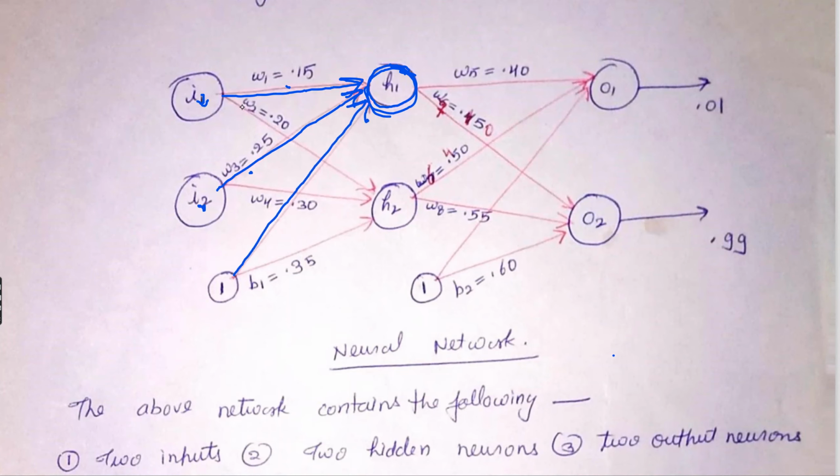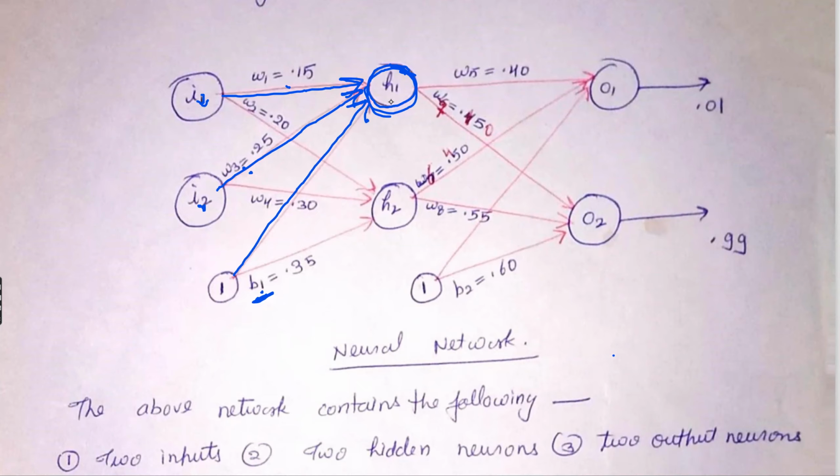The inputs we are giving to H1 are I1, I2 and bias B1. So net H1 equals I1 W1 plus I2 W3 plus bias B1.